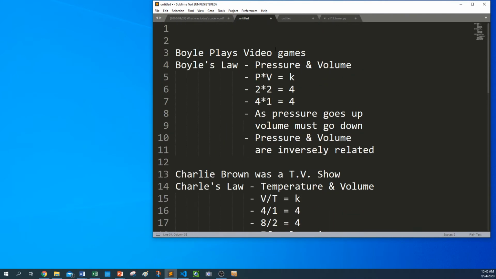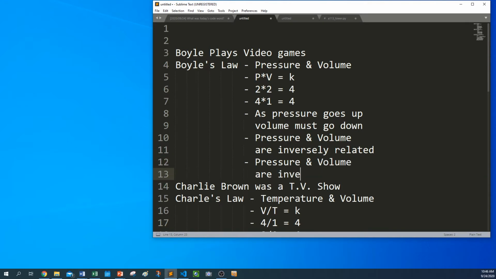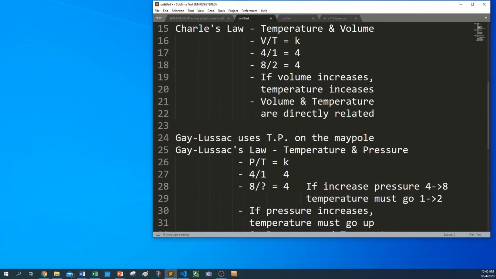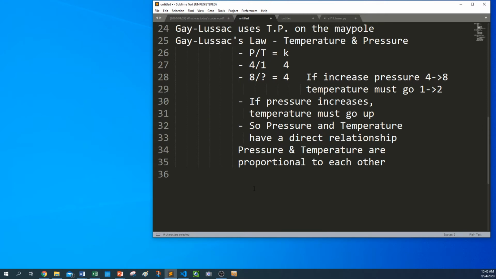And going back up here, I could say that pressure and volume are inversely proportional to each other. So you can either say this is inversely related, inversely proportional to, you can say it's directly related, or proportional to each other. Does that make sense?